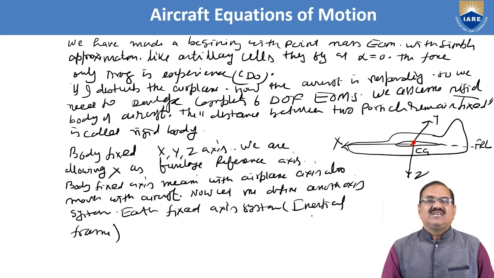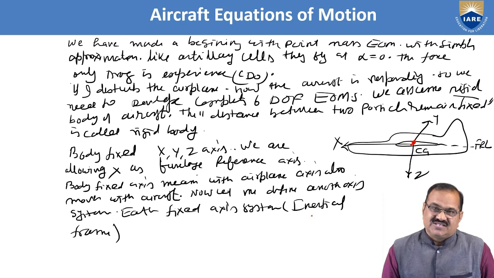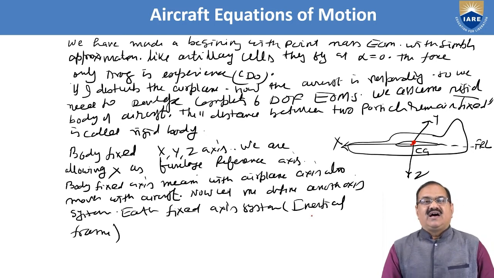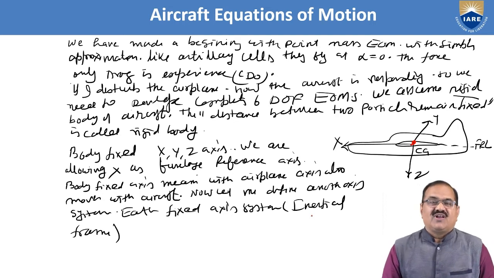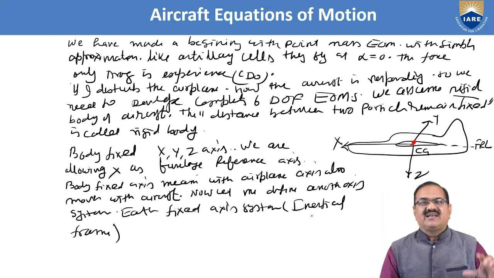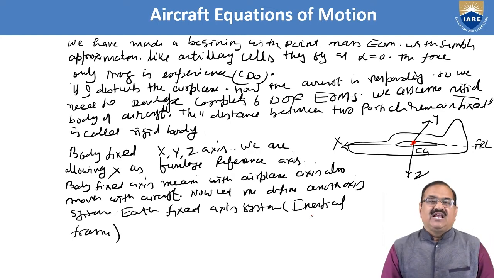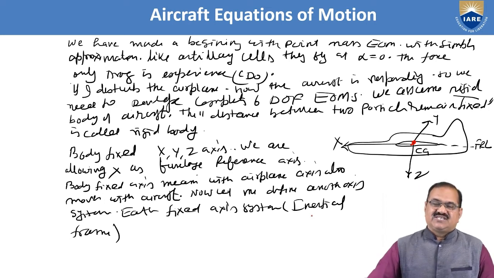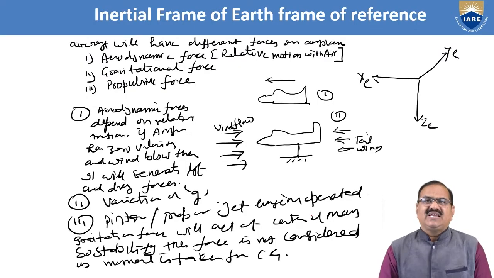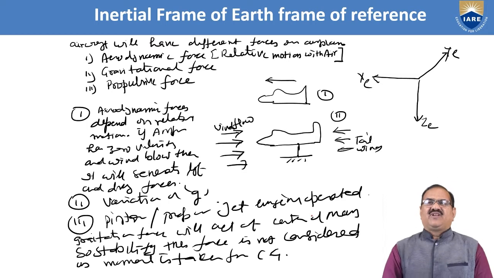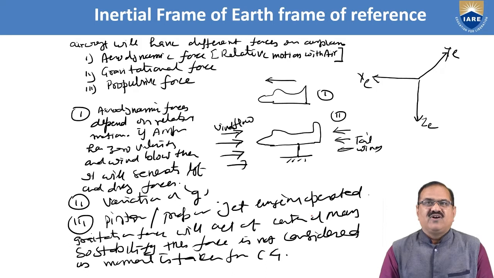We are assuming here Earth as an inertial reference frame, because the rotational velocity of the Earth is very, very small compared to the rotational velocity of the aircraft. So we assume the Earth's rotational velocity is negligible. It is an assumption that Earth is an inertial frame, or Earth frame of reference.